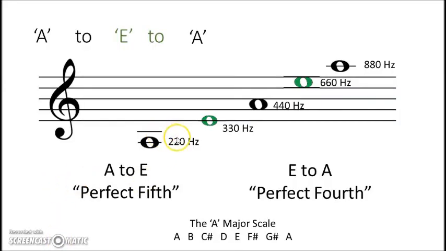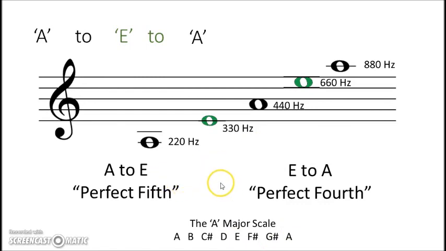Okay, the final thing I want to talk about is, yes, we know that going from A to E is a perfect fifth, but going from E to the next A is called a perfect fourth. Fifth because it's the 5th note of the scale, and then you go up another 4 notes of the scale to get to the octave. So A to E is a 5th, E to A is a 4th.